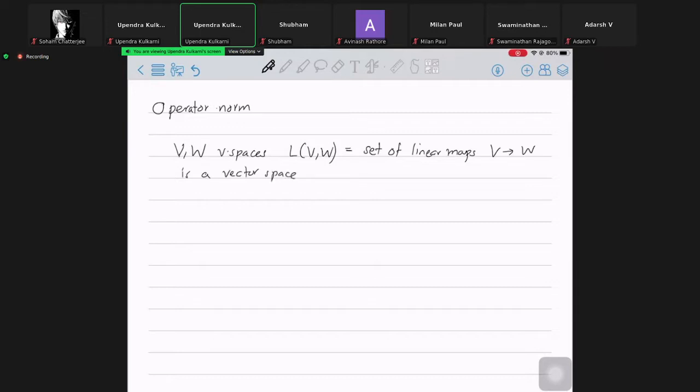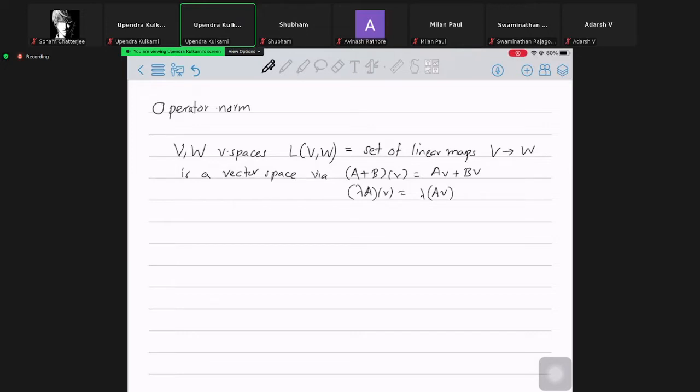What are the vector space operations on this? How do I add maps and how do I scale a map? Come on, this is easy. Pointwise. So it is a vector space via, let us say, (A plus B) of v is Av plus Bv, and lambda A applied to v is lambda times Av.